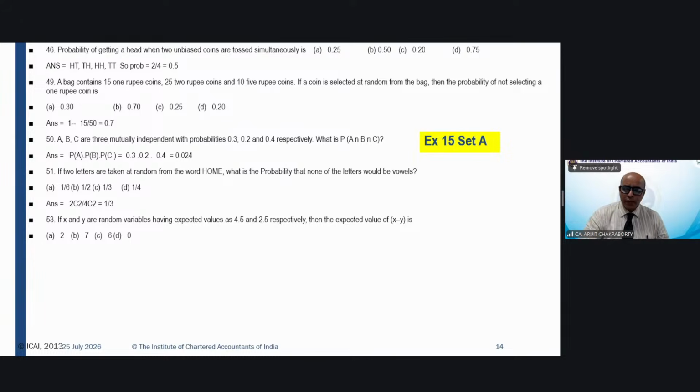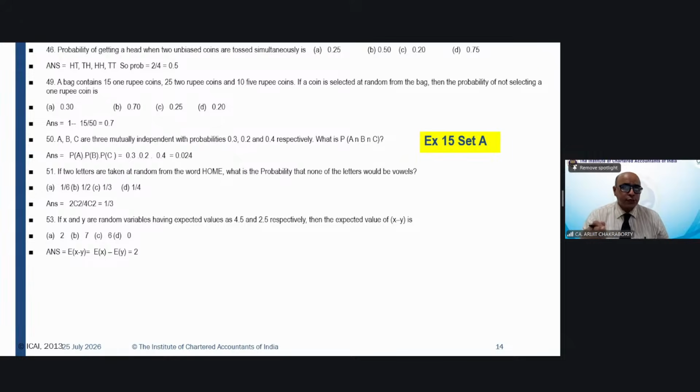We know that if the expectation of x is given, and the expectation of y is given, and we have to find the expectation of x plus y, it is very simple. It will be the addition of the individual expectations, E(x) plus E(y).